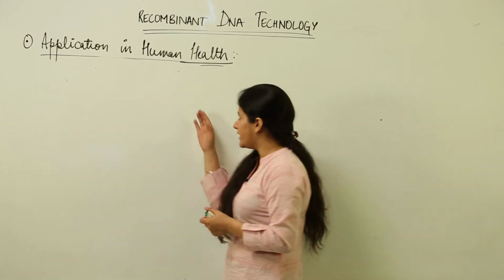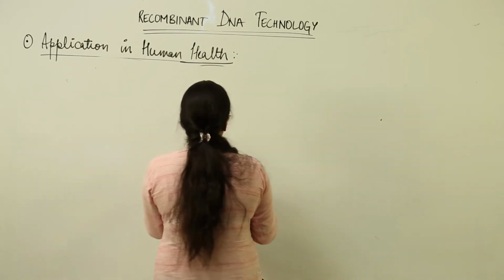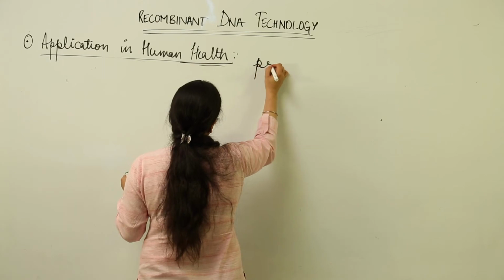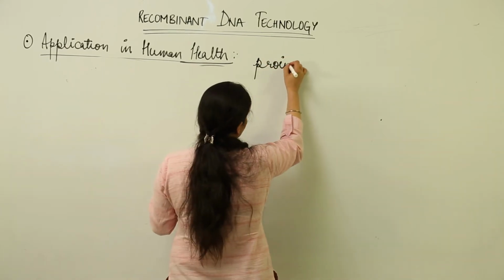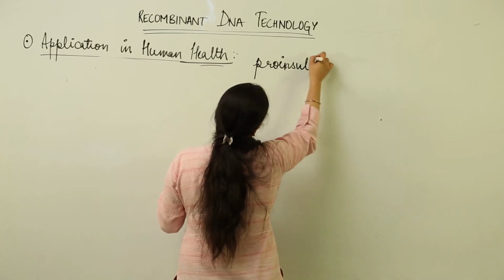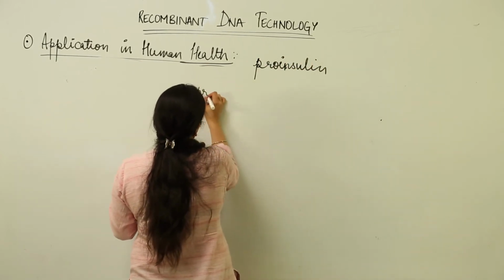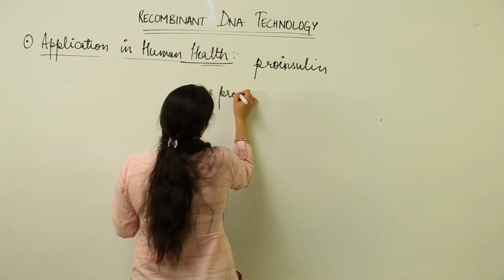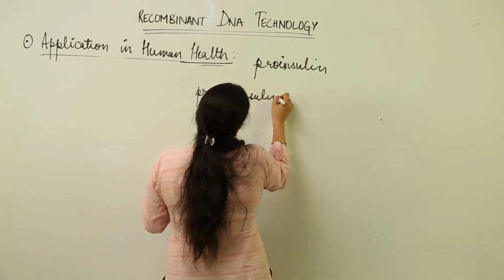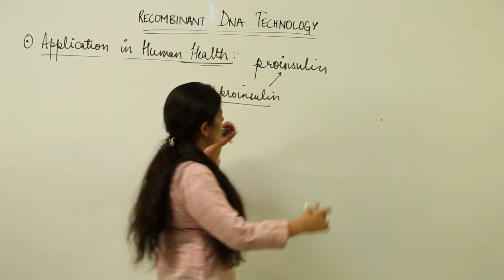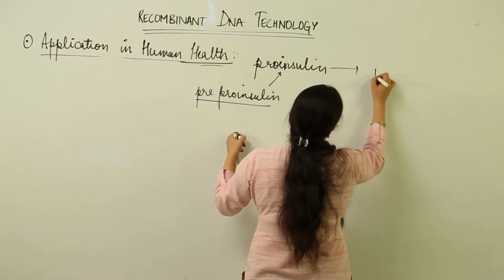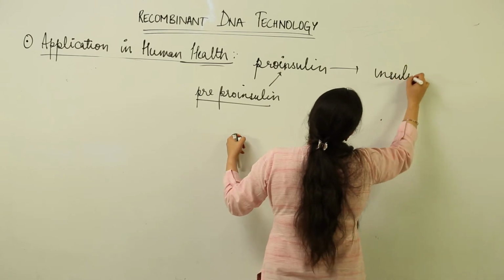Now, how is it carried out? You know, insulin is formed inside the body as pre-proinsulin and later on it gets converted to proinsulin. Before this, it is pre-proinsulin. Okay, pre-proinsulin is transported to the endoplasmic reticulum. Over there it gets converted to proinsulin, and this proinsulin later on gets converted to insulin.